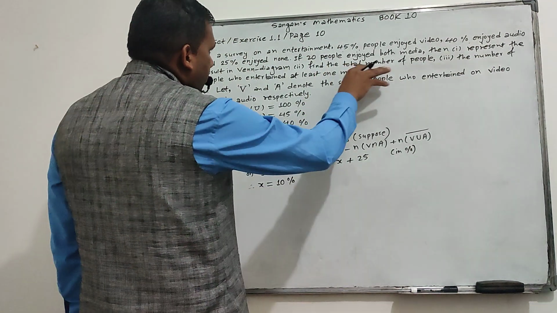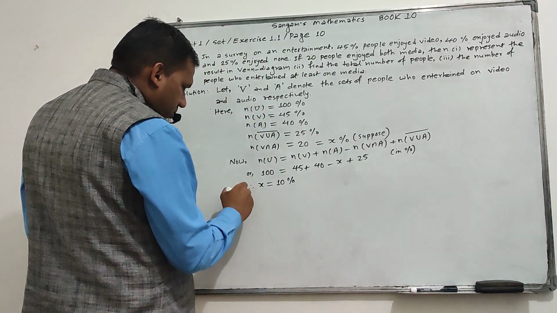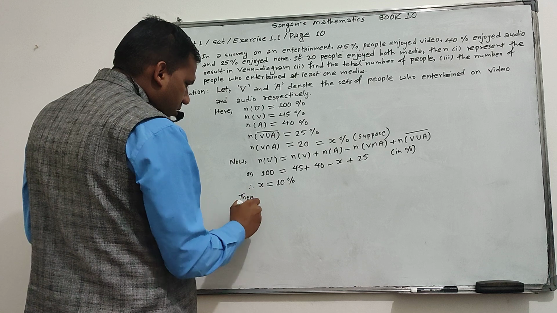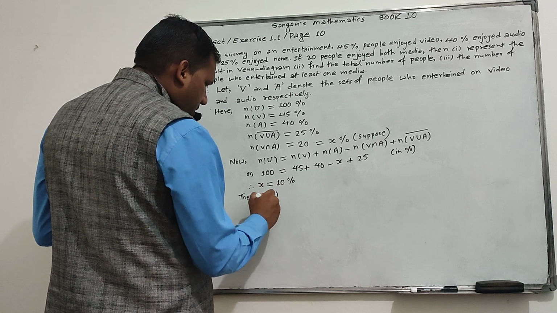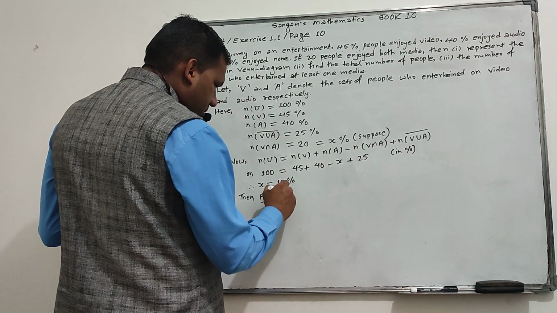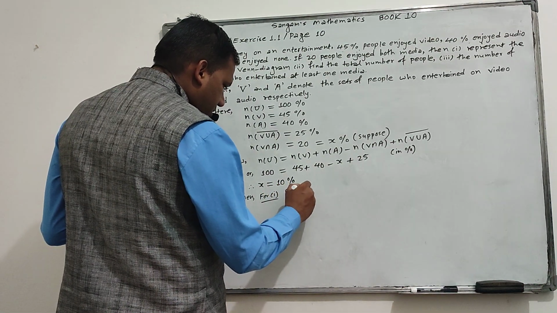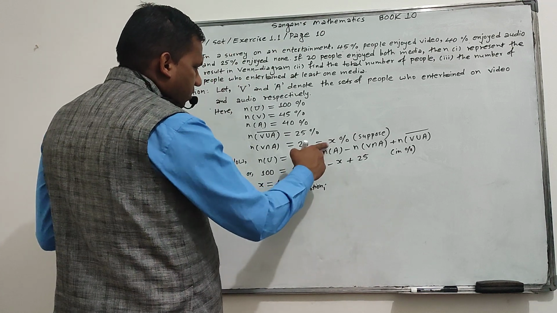Now find the total number of people, that means 100%. Then for 2, by equation, this X% equal to 20.